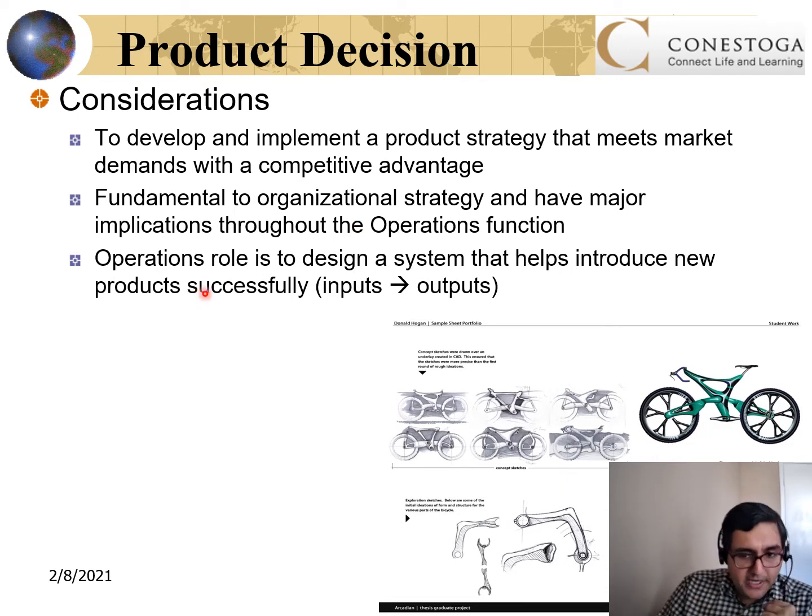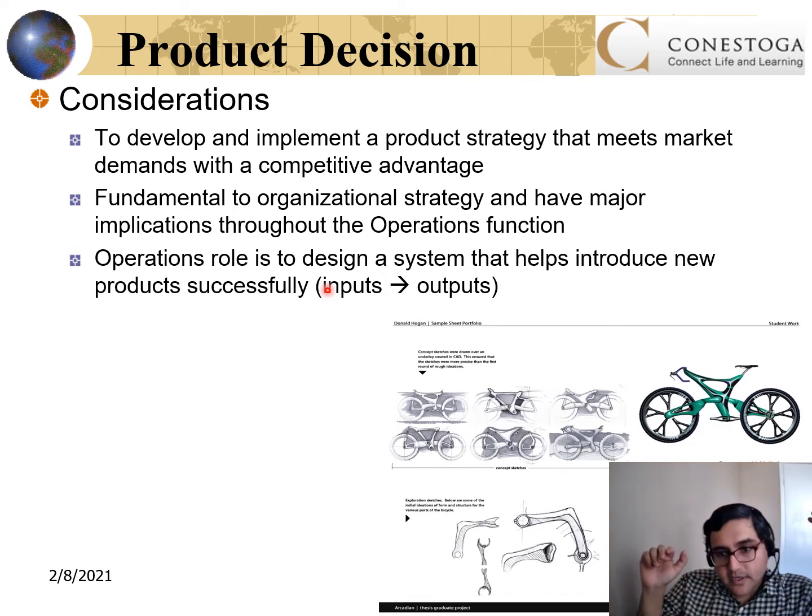The role of an operations manager or operations engineer is to design a system that helps to develop new products and introduce the new products successfully. So always remember this line of inputs, process, and outputs. That's what we always define as operations management.